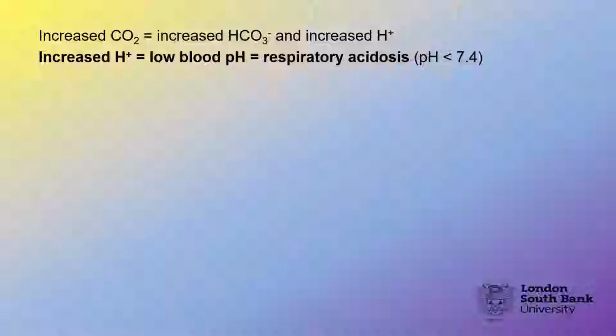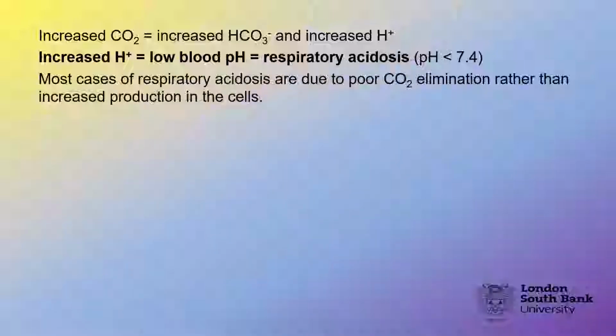Increased protons will give us a low blood pH, and this we know as respiratory acidosis. So approximately a pH of less than 7.4. Most cases of respiratory acidosis are more about an inability to eliminate CO2 rather than any sort of increase in production by the cells.